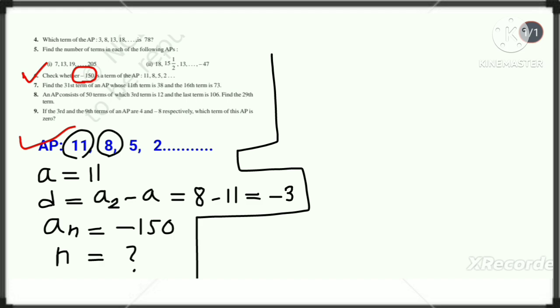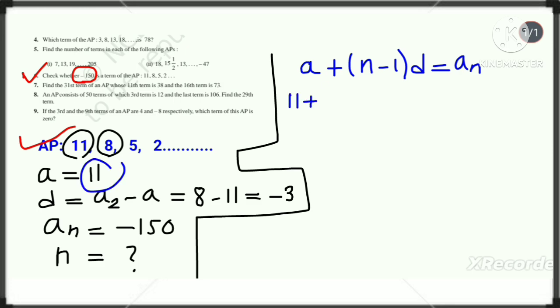That formula is A plus (N minus 1) into D equals AN, and here A equals 11 plus (N minus 1) D.